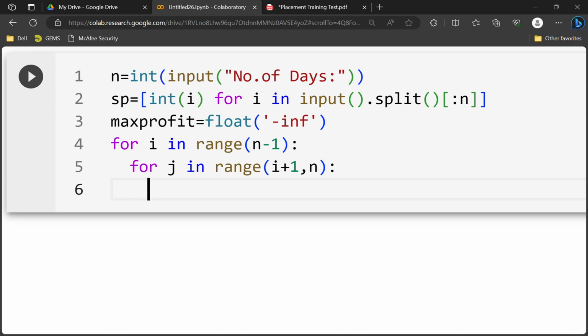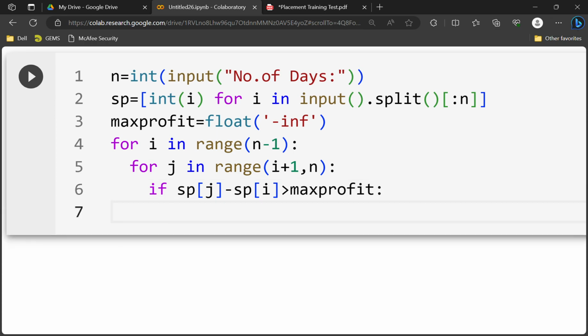For j in range i plus 1 comma n, if the stock price of j minus the stock price of i is greater than max profit. Initially it will definitely be greater than max profit. Then max profit will be set to SP of j minus SP of i.